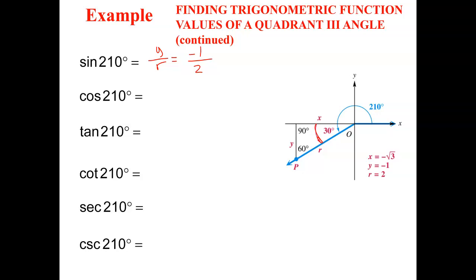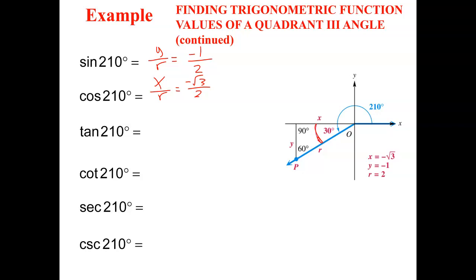What do I use for cosine? X over R. So what's it going to be? Negative. Good. Cosine of 30 degrees is √3 over 2. Cosine of 210 is -√3 over 2.